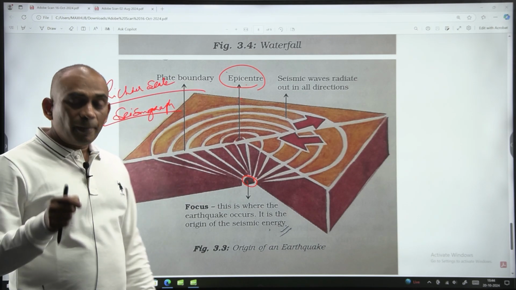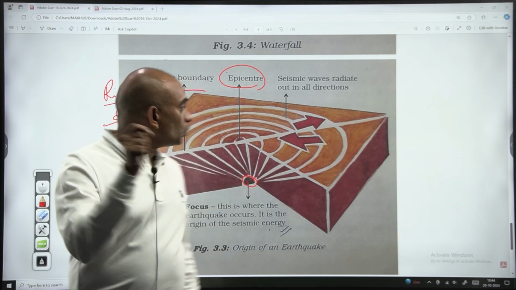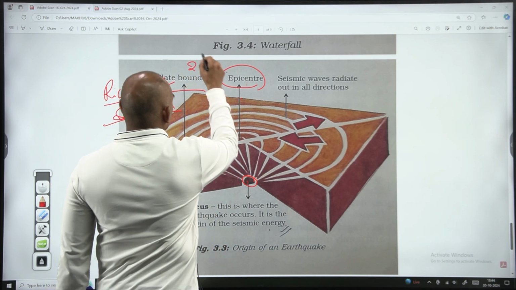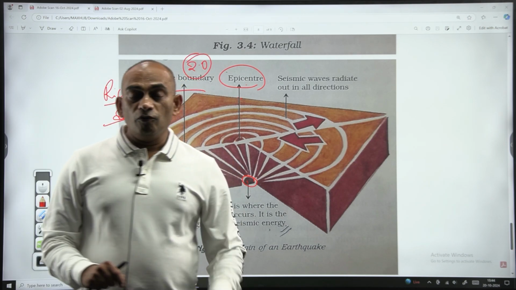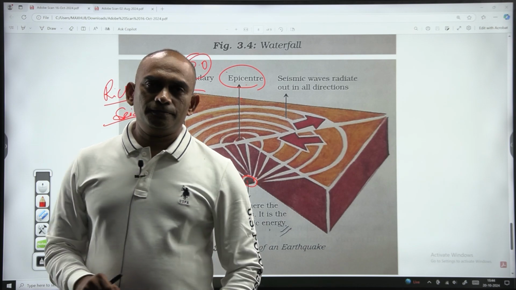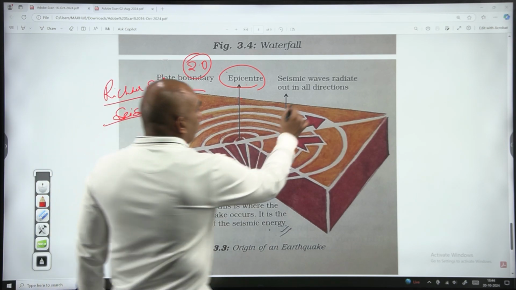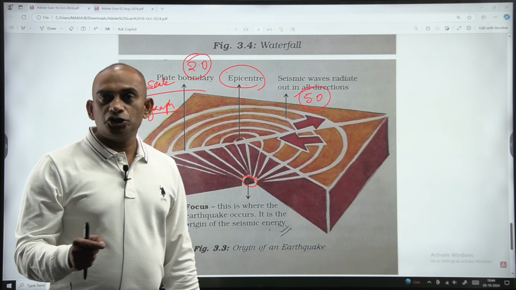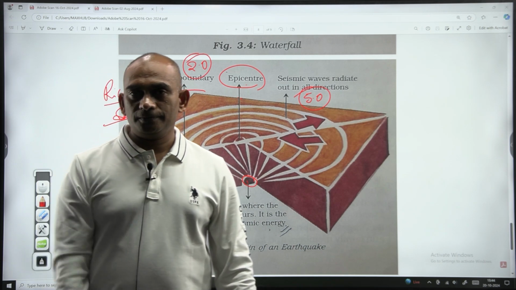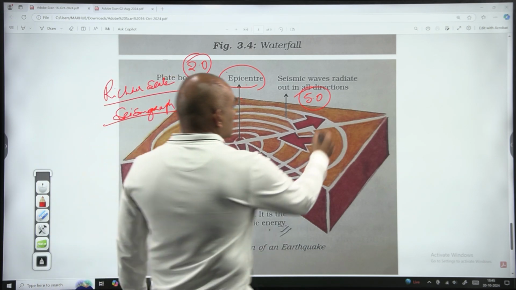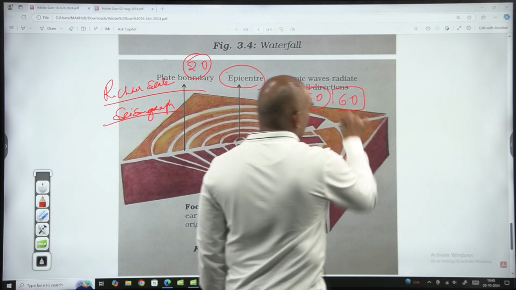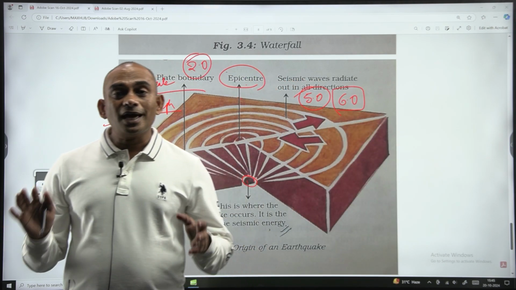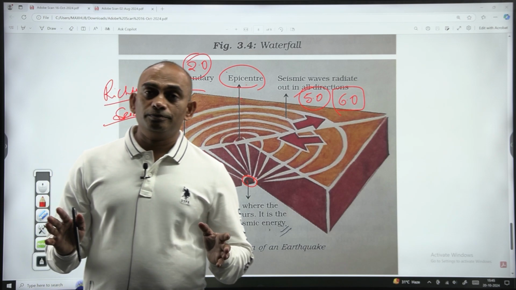When the magnitude is 2.0 or less, we may not feel the vibration. If it is 5.0, we can see some kind of damage due to the vibration. And if it is 6.0 and more, the destruction and damage are maximum.